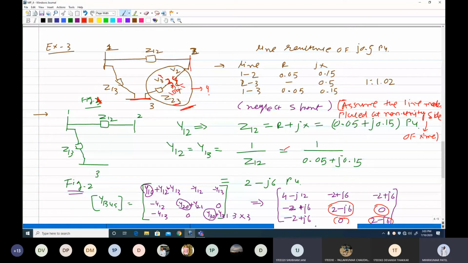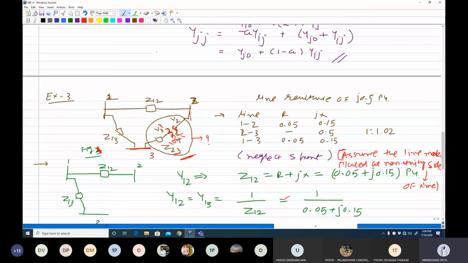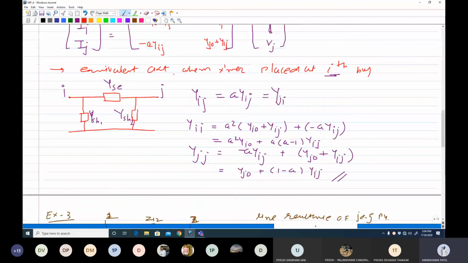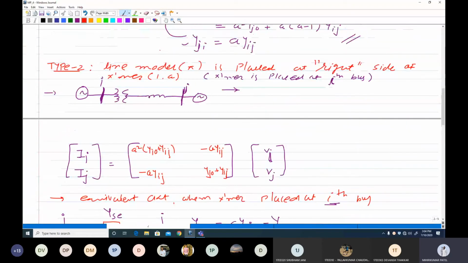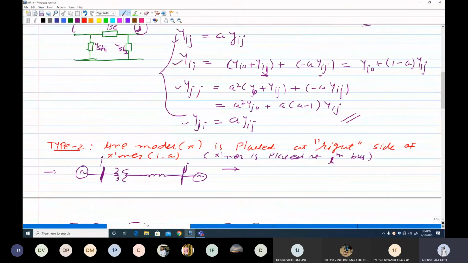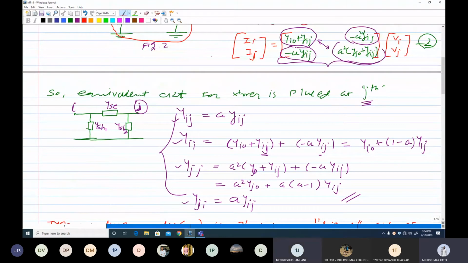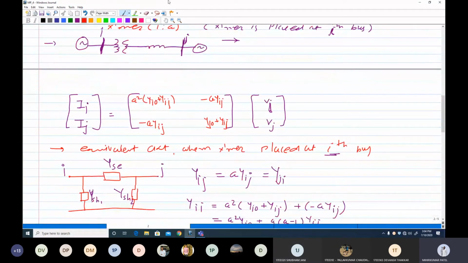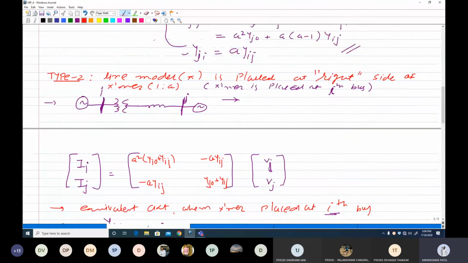So the pi model is located at the left side of the transformer. So which case? Left side of the transformer. That means it is located at which bus according to your theory?